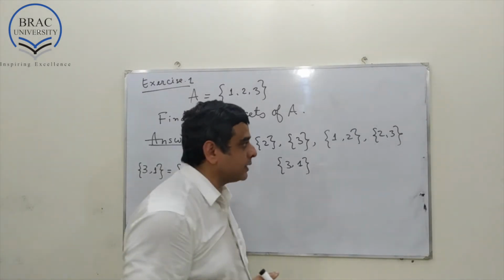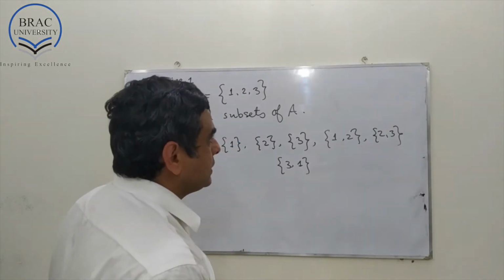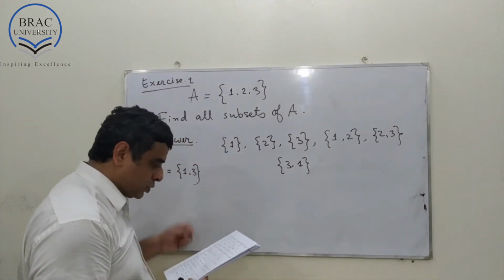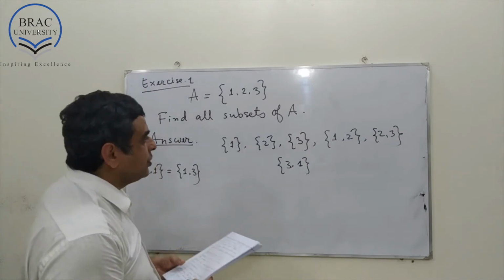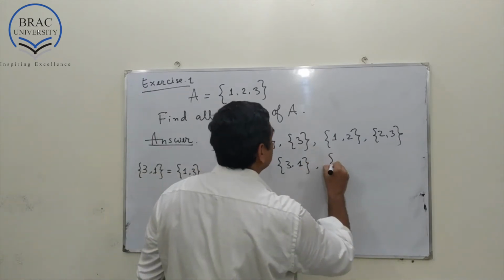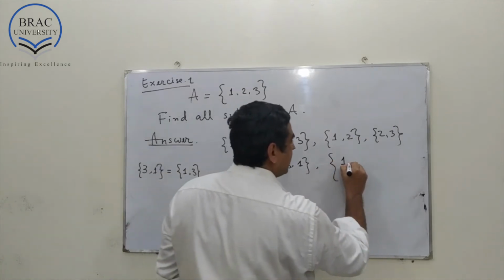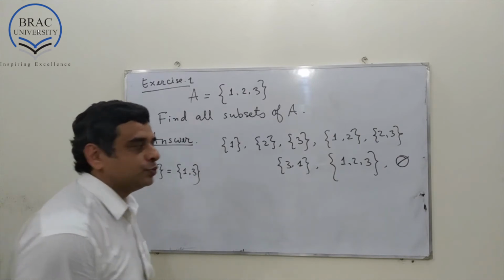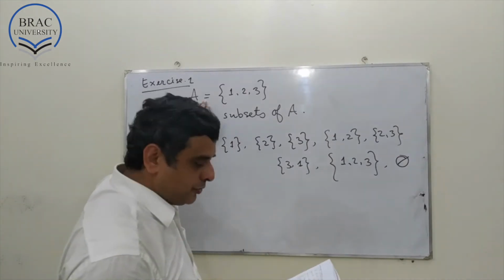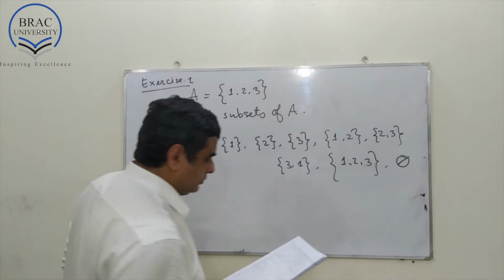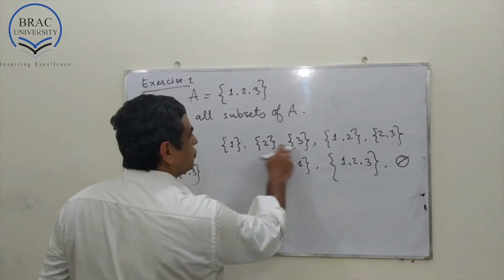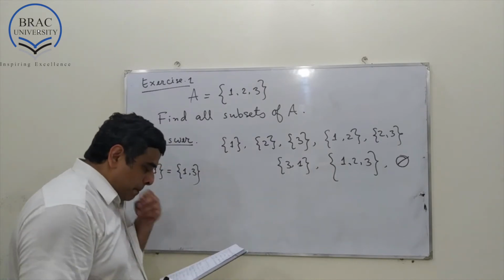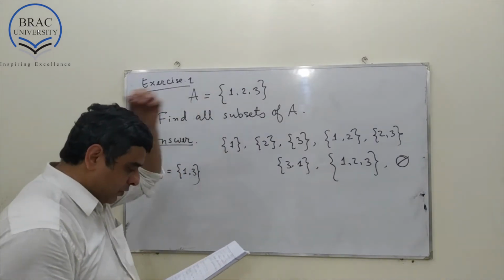Ordering does not matter in denoting the elements of the set. And there is only one 3-element subset of A, which is A itself. And of course, there is the null set, which is also a subset of A. So there are 8 possible subsets of A. Okay.